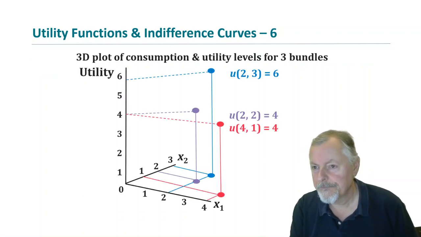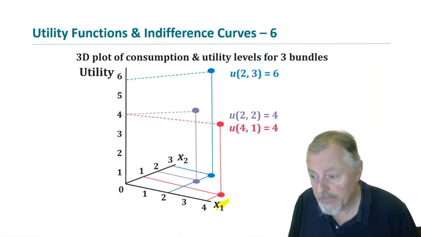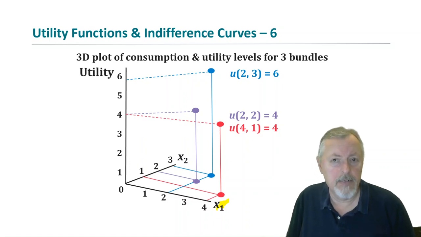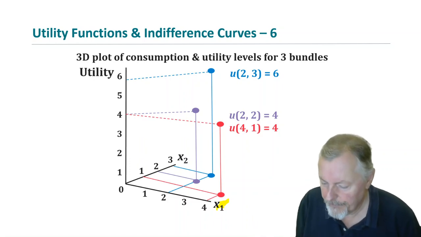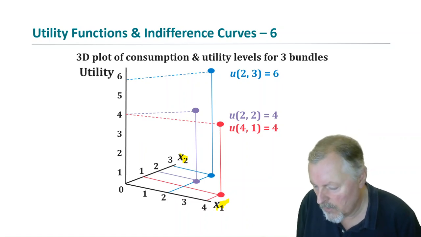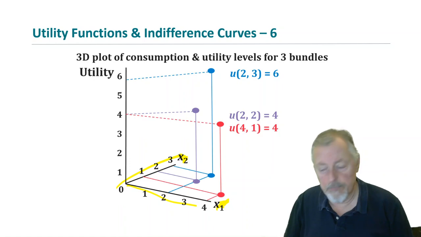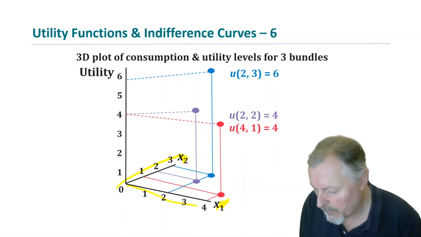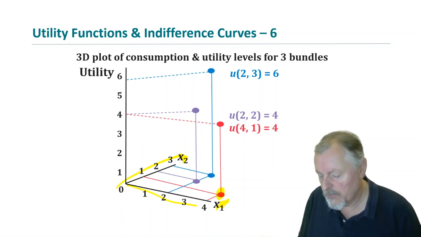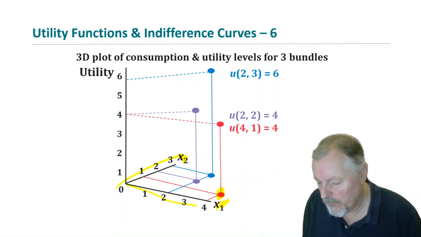So here, x1 is some commodity, apples, whatever. x2, another one, oranges. Therefore, all of these points in this plane represent a particular consumption bundle. For example, this red one represents 4 apples and 1 orange.